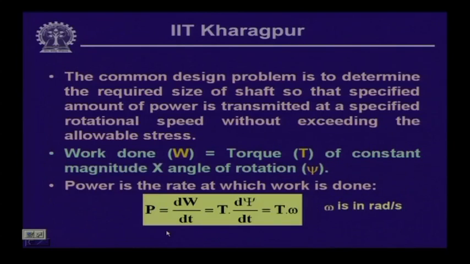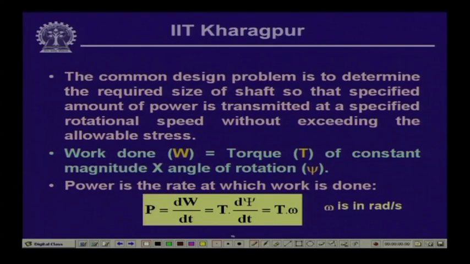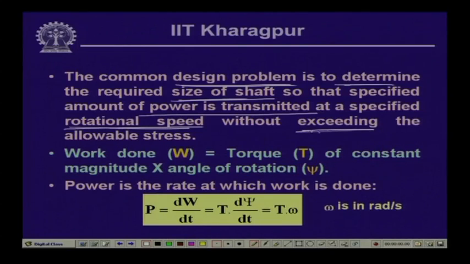Now, in such shafts, the main problem which is essential to be determined is the size of the shaft, so that it can transmit the power at a specified rotational speed without exceeding the allowable stress.